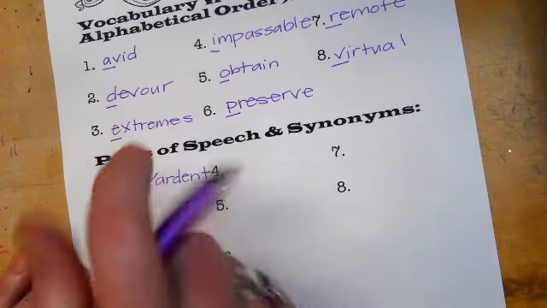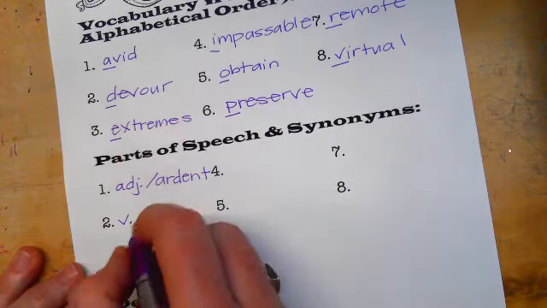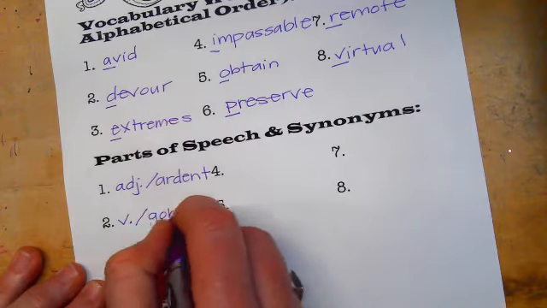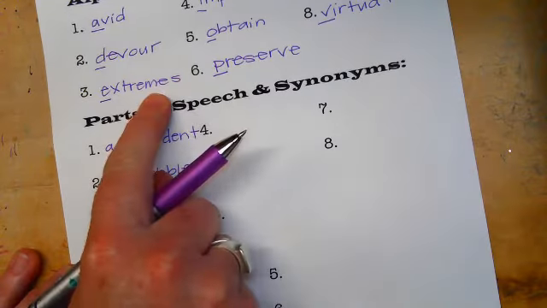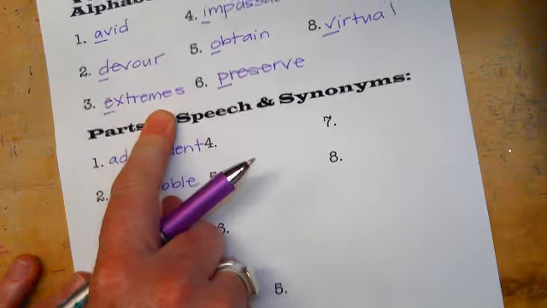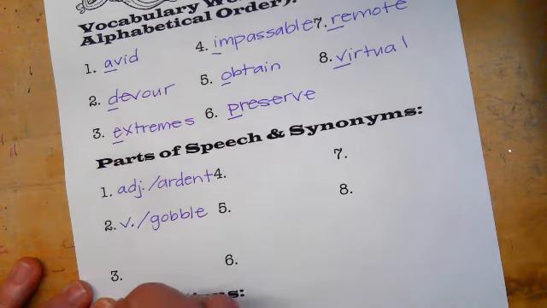Number 2 is devour, and that is a verb. And the synonym is gobble. And let's see, number 3 is extremes. And so the part of speech on that is, let's see, far removed from average.